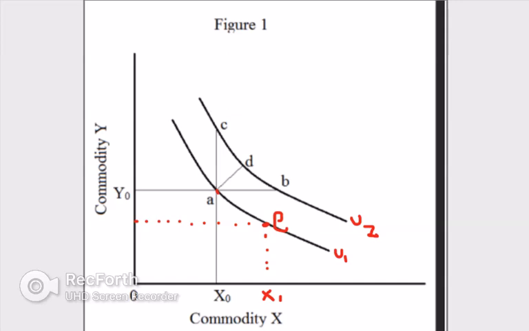The line which combines the combinations of goods that provide you with a certain degree of utility is called the indifference curve, and each point represents the same level of utility on that indifference curve, as we mentioned earlier.